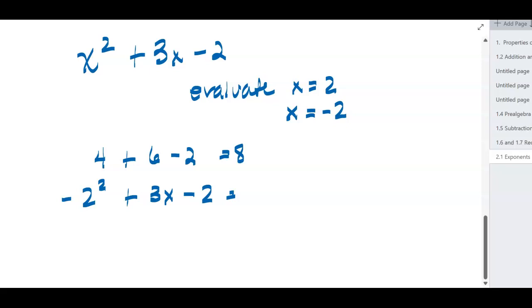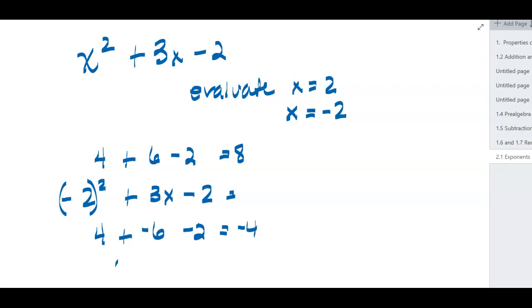When they're saying x is negative 2 and x is being squared, the function of x here is that it's being squared. This is the deal. So that's going to be negative 2 times negative 2 is 4, plus negative 2 times 3 is negative 6, minus 2. So of course I think this is negative 2 minus 2 is negative 4.